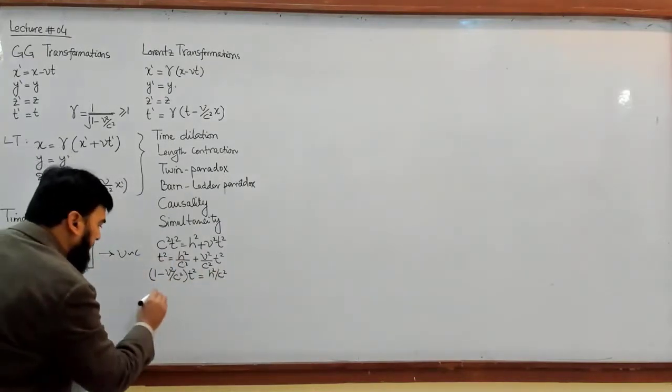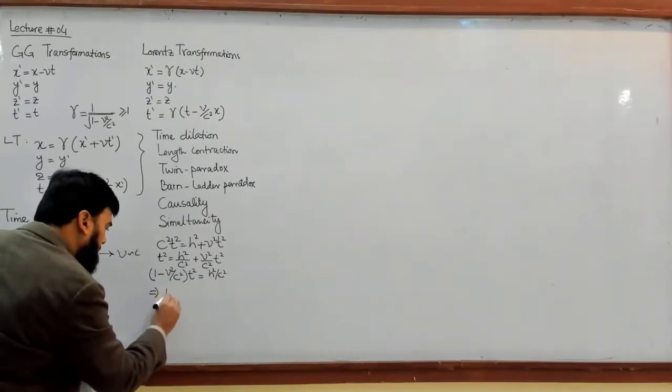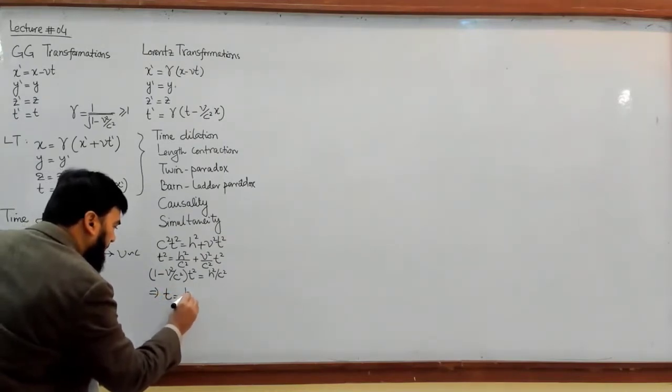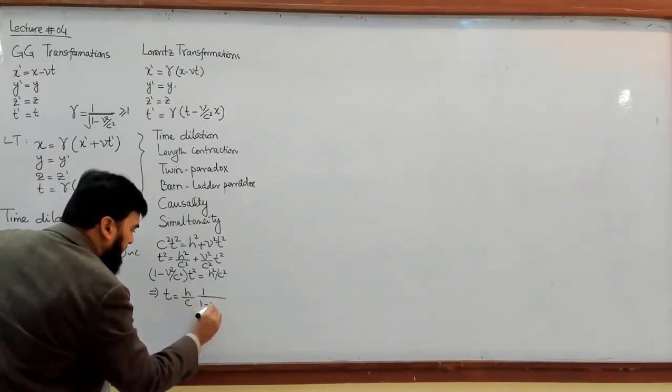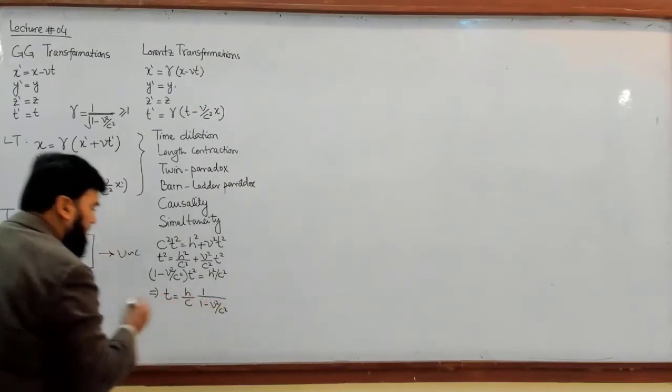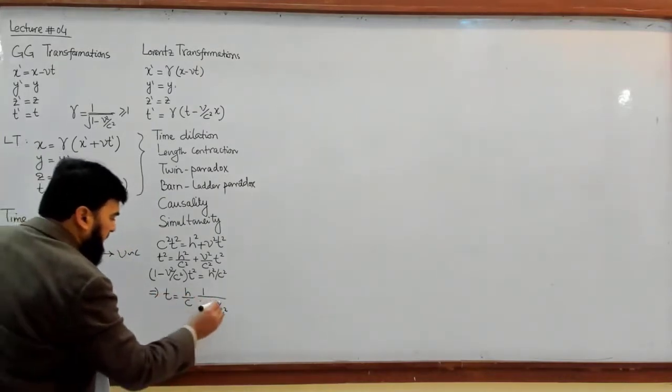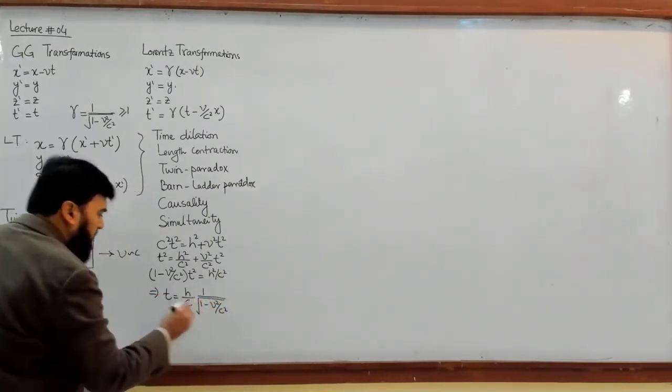And from here I can write that t is equal to h over c and 1 over 1 minus v square over c squared, and it will become square root.